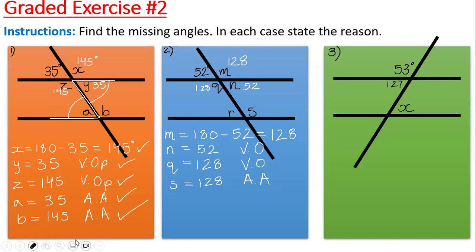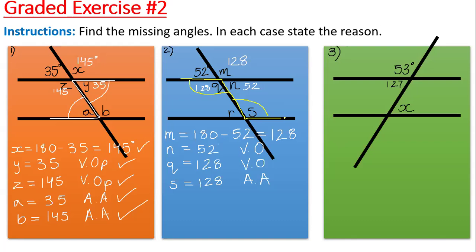So let's go ahead and show that. You remember the alternate angles must form a Z shape, right? If you look carefully, we can form the Z shape just like that.